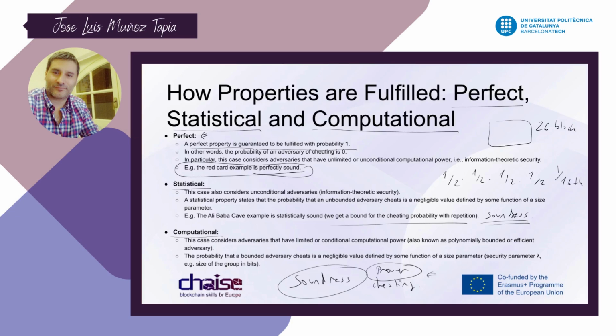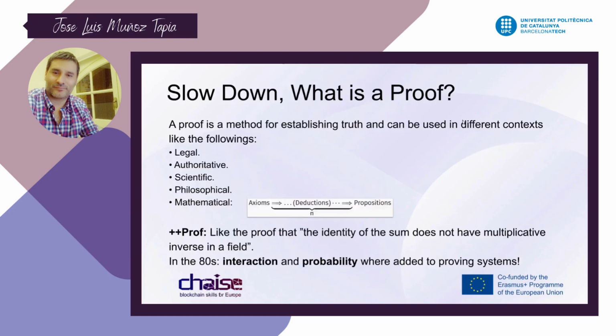When you consider that your adversary is computationally bounded, then we say that the property is fulfilled in a computational way. This is rather to be more precise with the definitions, but I think the previous definition is more or less okay.